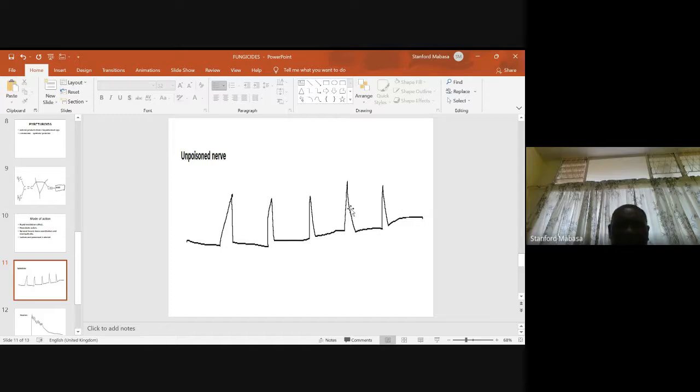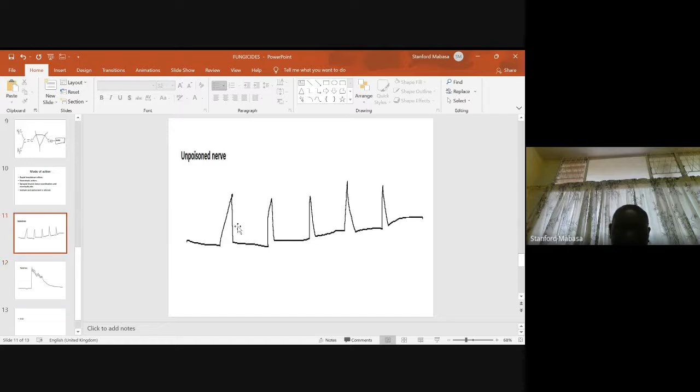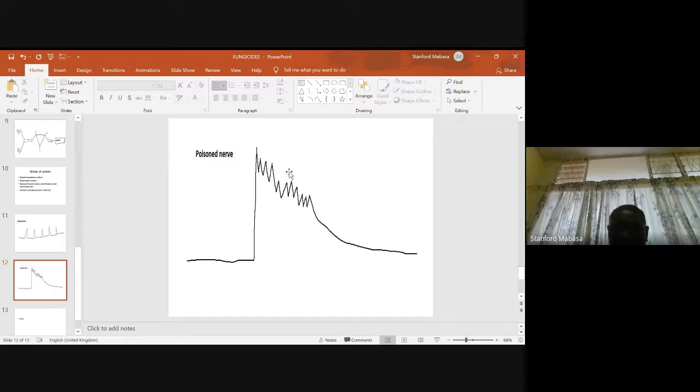If we record what goes on in a nerve, the pulse which can move through a nerve, we can get something like this if it is normal. If it is a poisoned nerve, we get this sort of extended peak. Instead of having one peak, you get an extended peak, which shows disturbance.